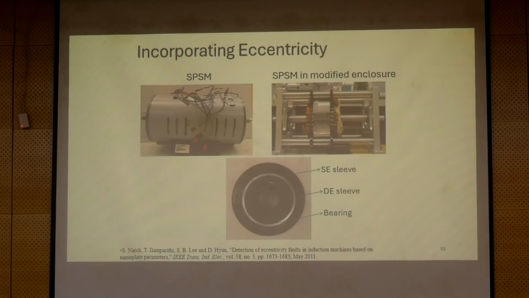Induction motors are also used in electric vehicles, especially off-road electric vehicles, high power electric vehicles. So all these are still propulsion motors only, but if you are looking at a permanent magnet based motor, then definitely you need to look at a different type of test setup to introduce eccentric fault.